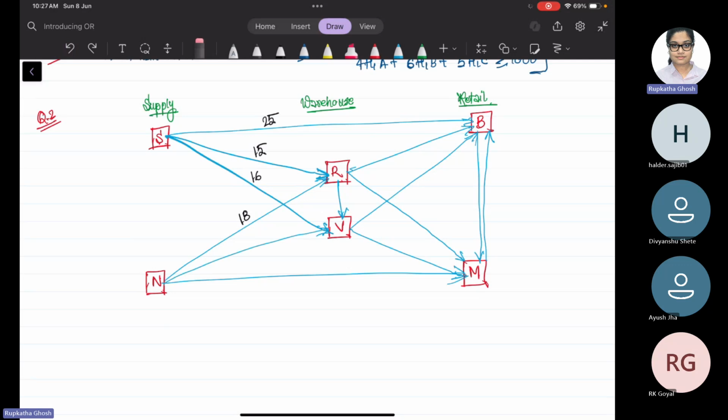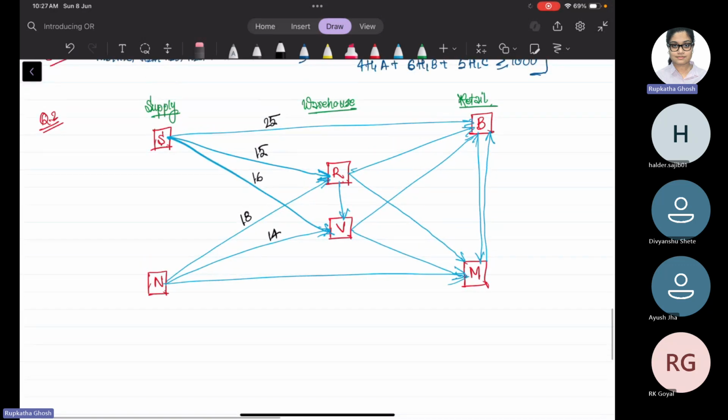to V at a cost of 14 per unit, or to M at 30 rupees per unit. From R, shipments can be made to either B at 10 rupees per unit, or to M at 19 rupees per unit, or to V at 5 rupees per unit.